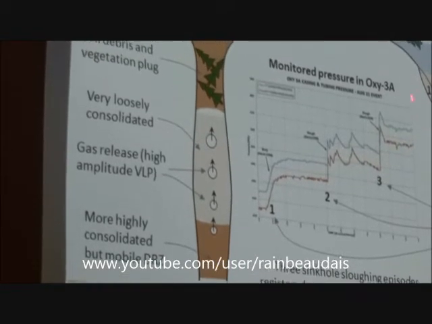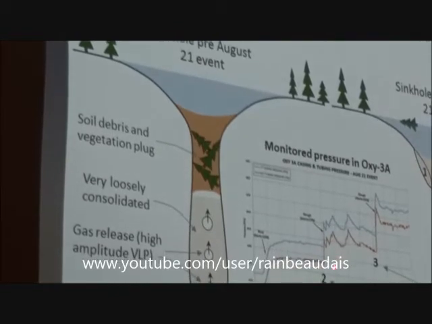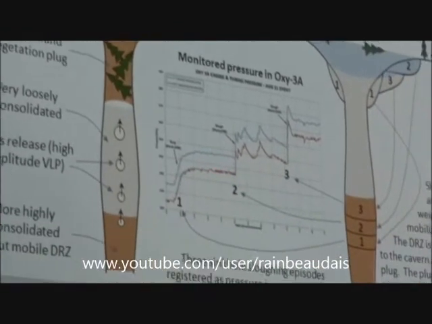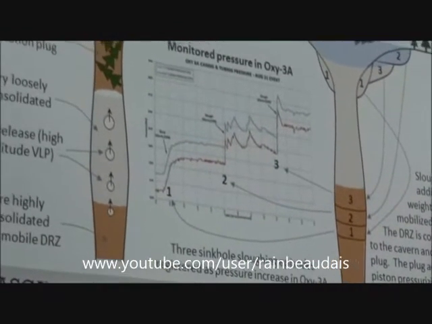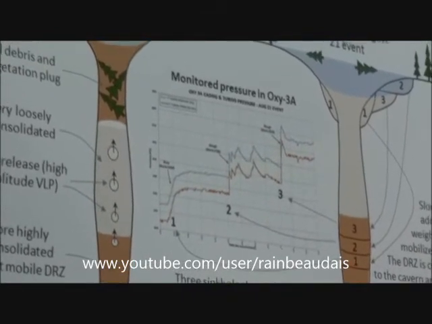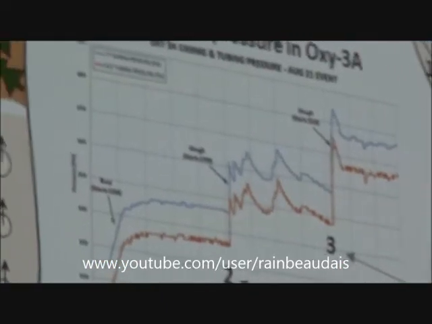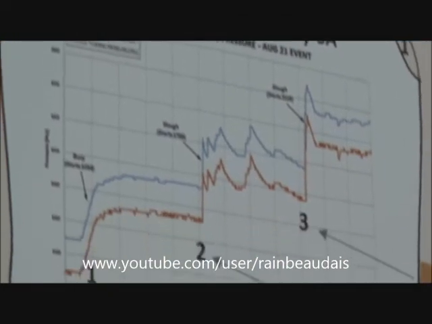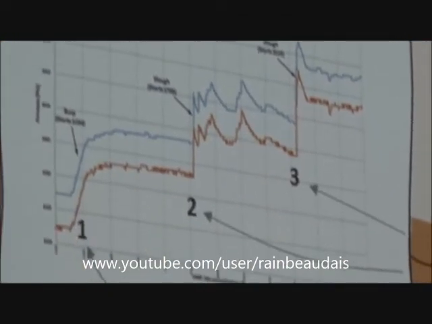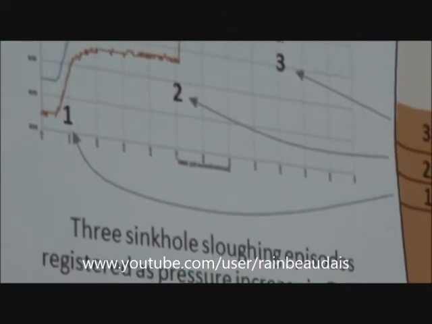This is what's shown on the other side of this diagram. In this particular event, what we saw was actually 3 slides that were very close to one another. This is the pressure recording from within the cavern. So that material that's sliding into the sinkhole is connecting via pressure through to the actual cavern, and we're recording that on the pressure instrumentation on that well, obviously 3A.